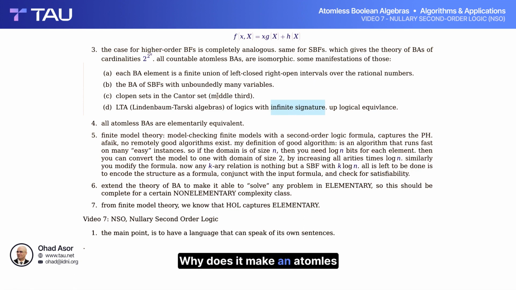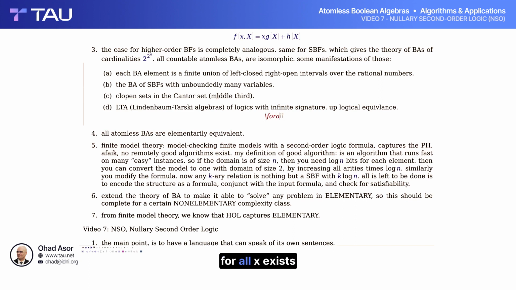Why does it make an atomless Boolean algebra? Remember that in an atomless Boolean algebra, you always have an element which is non-zero, but strictly less than a given element. Yeah, so let's write it this way. For all x exists y, such that if x is non-zero, then y is strictly between 0 and x.